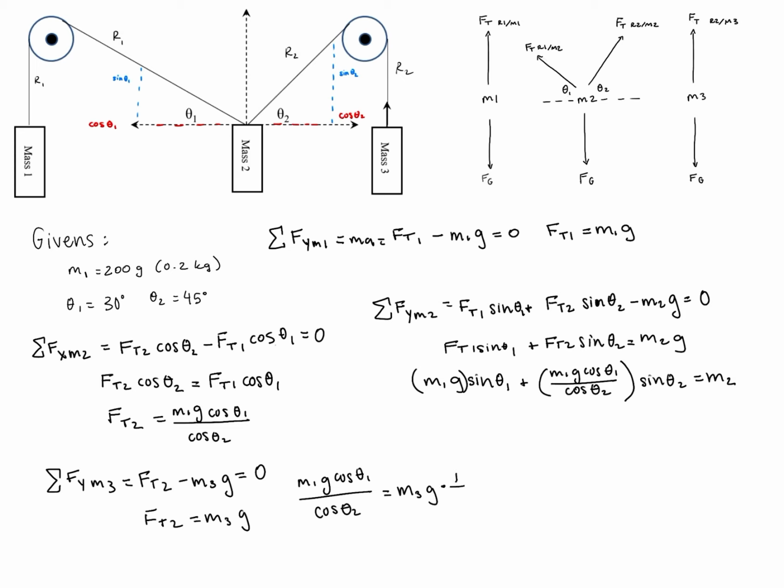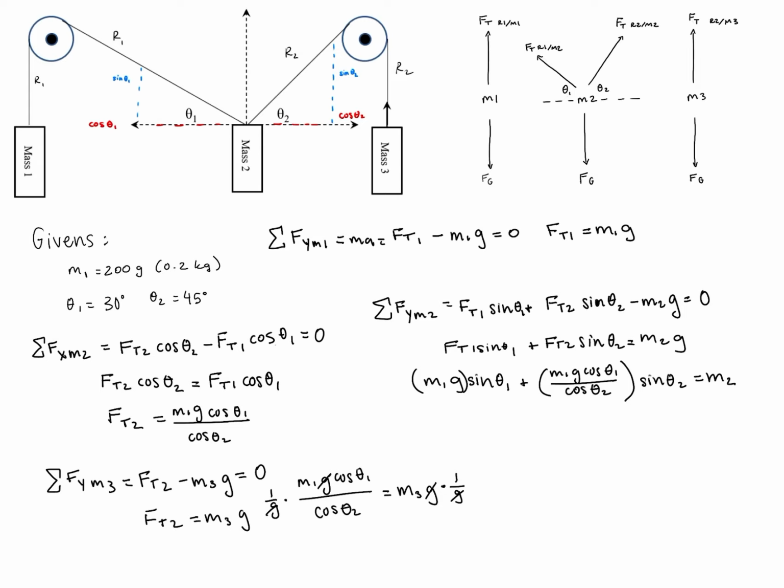So we're going to multiply 1 over g here and 1 over g there. So g will cancel there, and g will also cancel there. So we actually have m3 is equal to m1 cosine theta 1 divided by cosine theta 2.